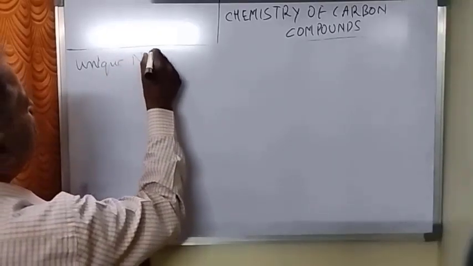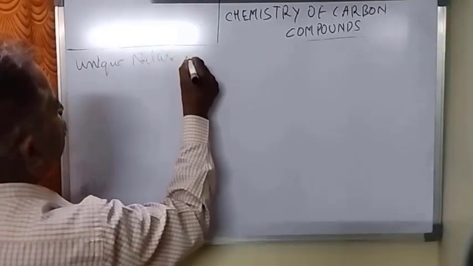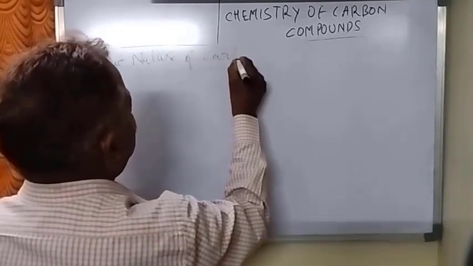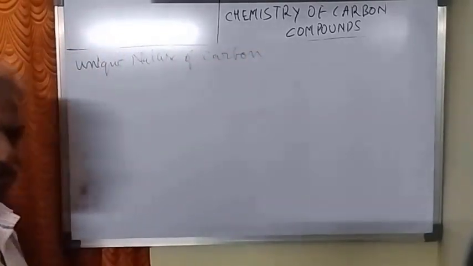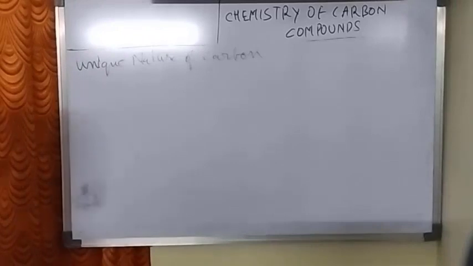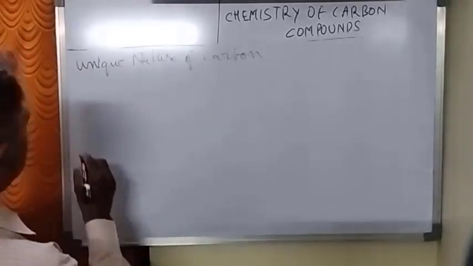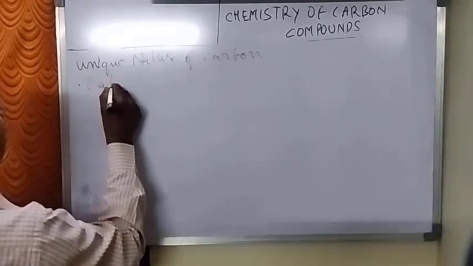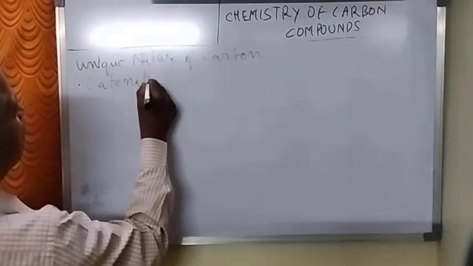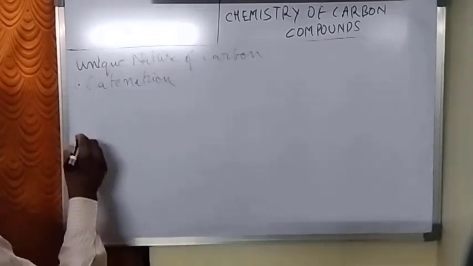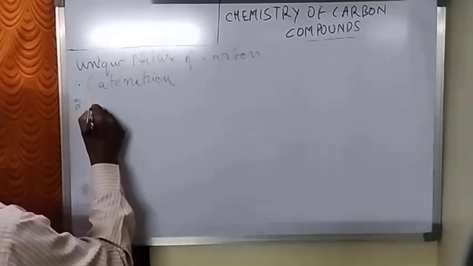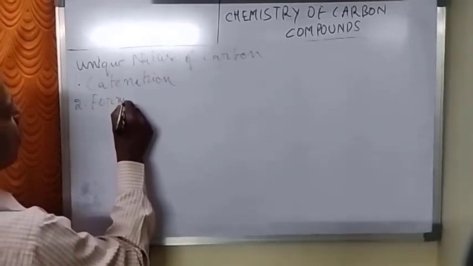Unique nature of carbon. Carbon has a unique nature because of the following. Number 1, catenation. Number 2, formation of multiple bonds.